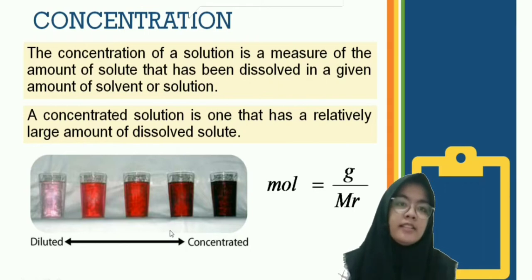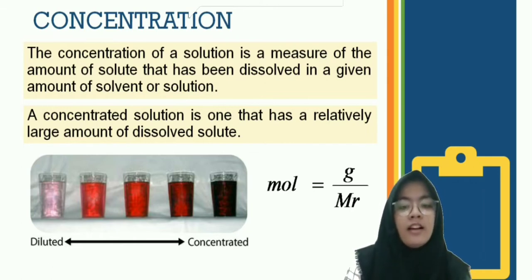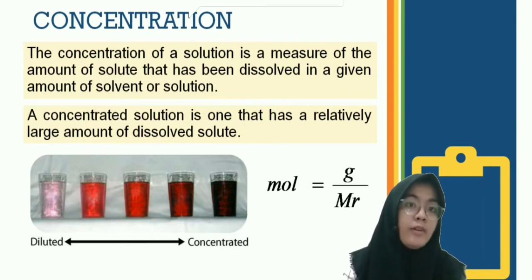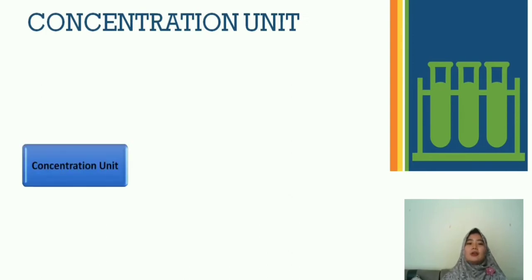In calculation of the concentration, we must know about the mole. The calculation of the mole is the grams of the solid divided by the relative mass of the molecule. Next topic, we talk about concentration units.